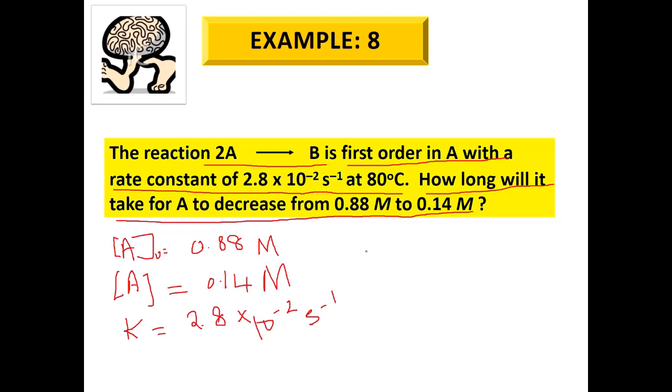For a first order reaction, you can use this equation. t is equal to ln of A naught over A t, over k, sorry, this one is kt.